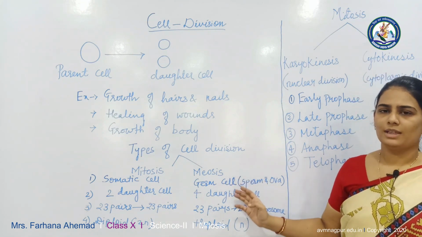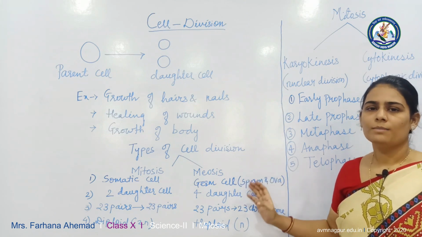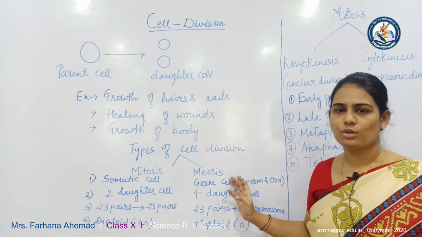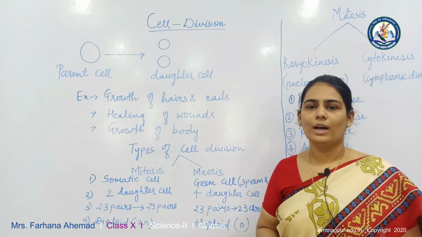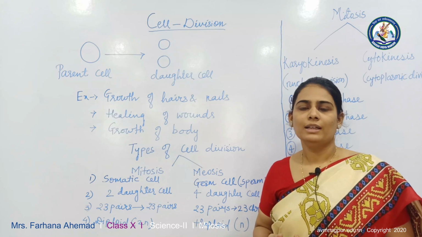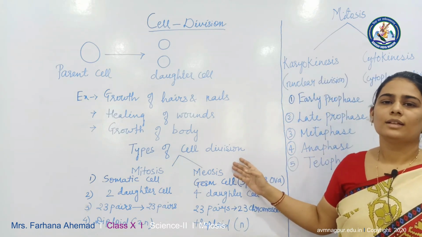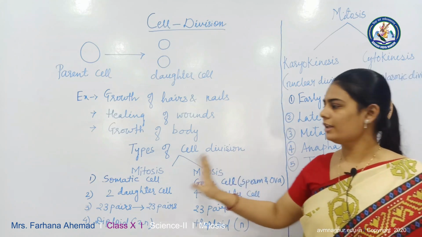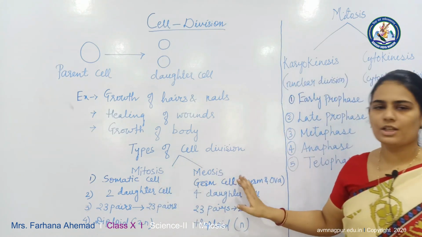Now what are germ cells? Germ cells are sperm and ova. Sperms are formed in the testes of the male reproductive system, and ova are formed in the female reproductive system. But meiosis does not occur in somatic cells and mitosis does not occur in germ cells.